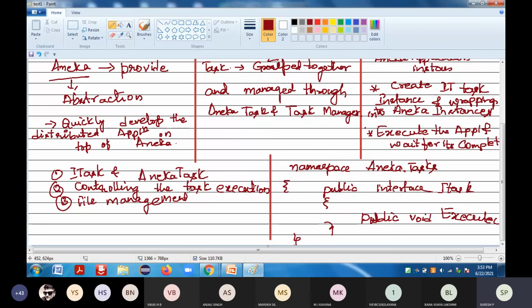Then after having the file management, you are going to have the task libraries, which you are going to use. So the fifth one, the last one, is your web service integration. So these are some of the services which Aneka is going to provide, where the web services submission is going to happen. Okay. So this is how this particular workflow will be managed in Aneka. So that completes your task computing.